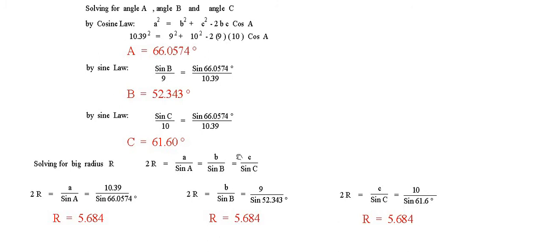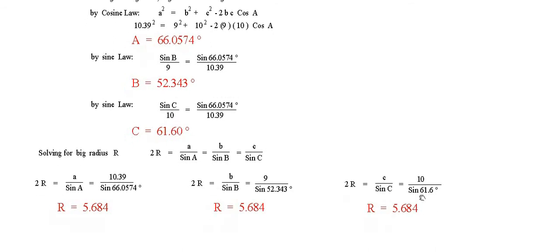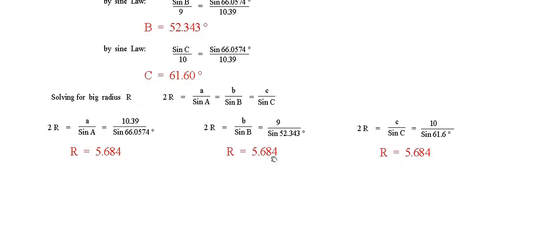Also using side C divided by sine of angle C, 61.6, C is 10. Then solving r, it is also 5.684. They are all the same.